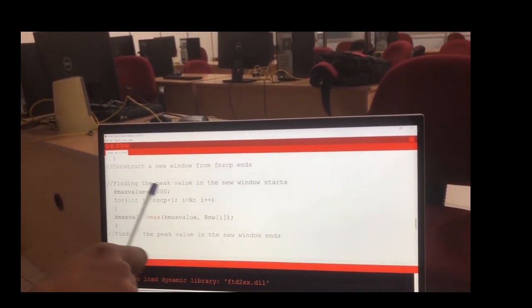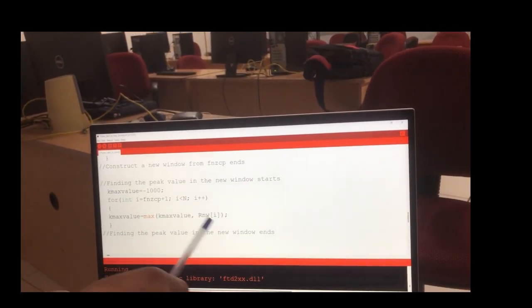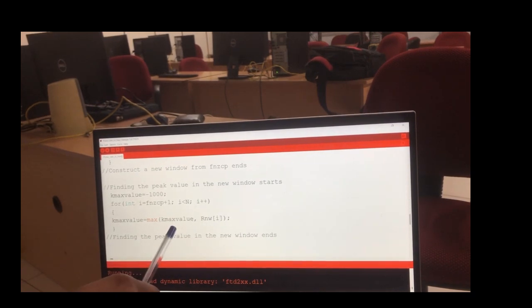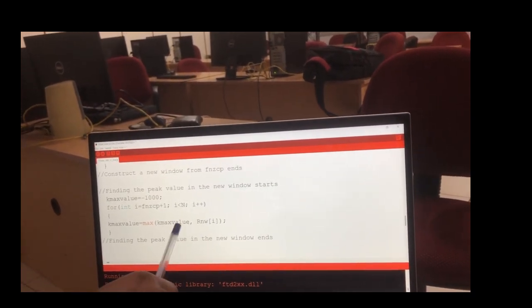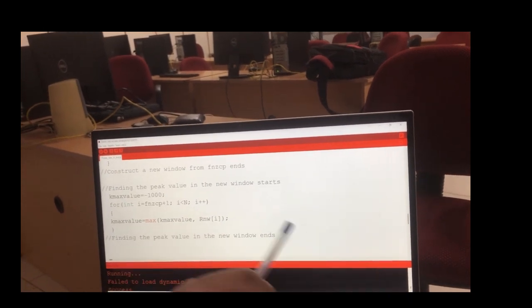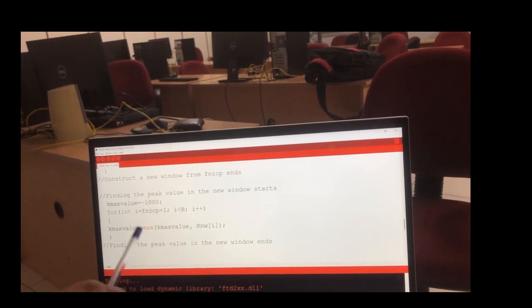Definitely this value will be greater than this, so this value will be kept as the k max value. All the remaining values from the first negative zero crossing point to the end sample will be compared with the k max value. The maximum value among the remaining values will be taken as the k max value, which is nothing but the second peak of the signal.